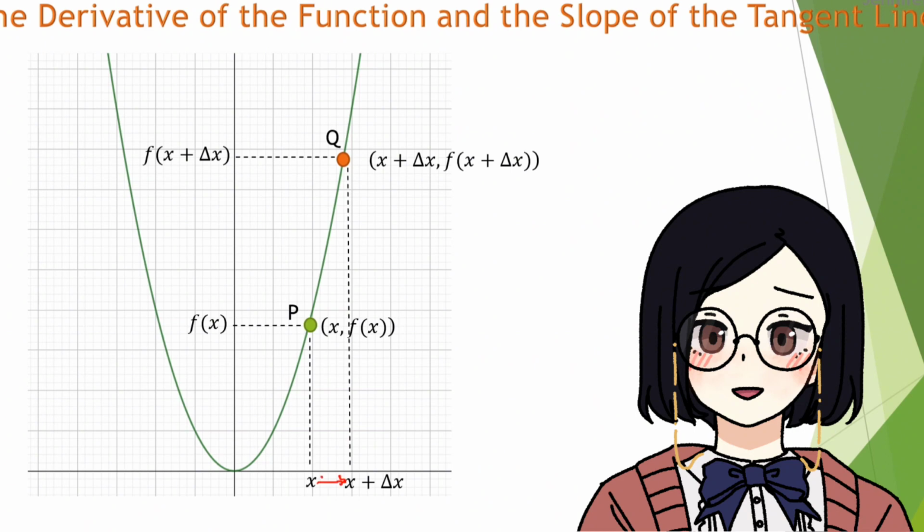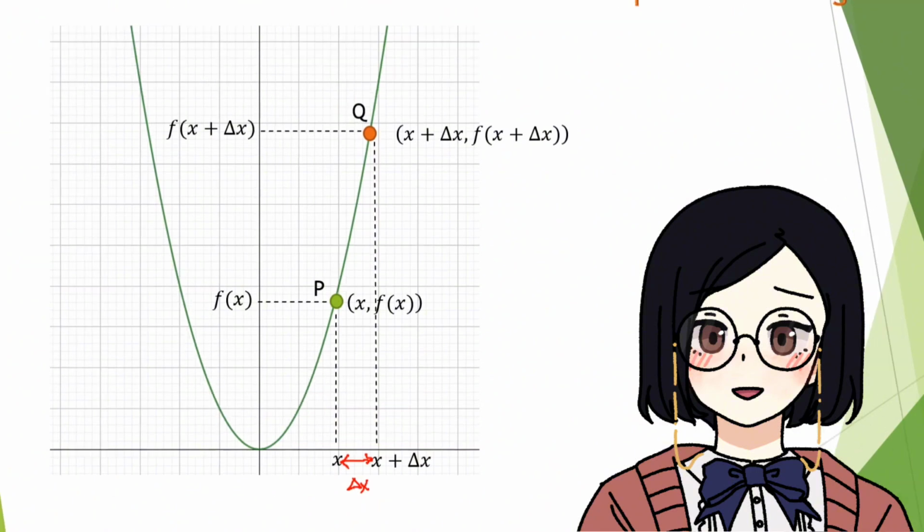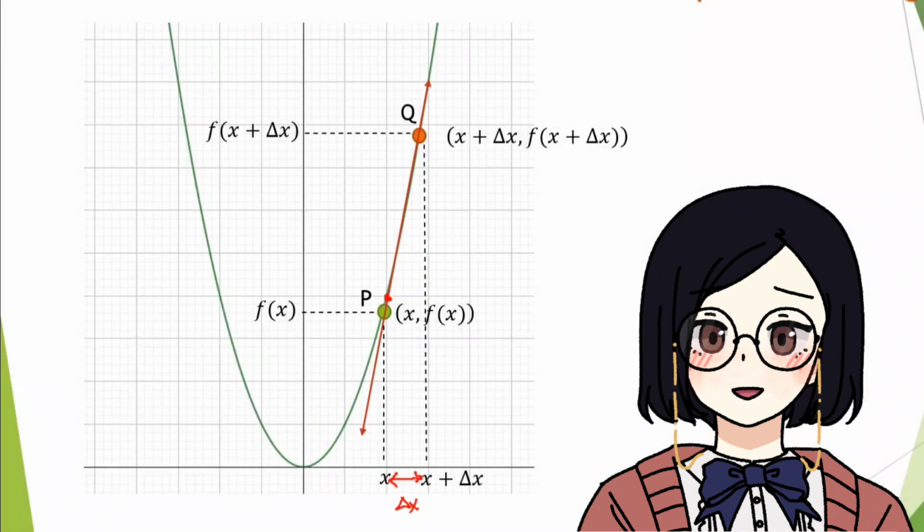Now what is this delta x? Delta x is the difference between the abscissas of the two points. Okay, now let us draw a line that passes through these two points, P and Q. So we have secant line PQ. Now what if point Q slides down to point P?